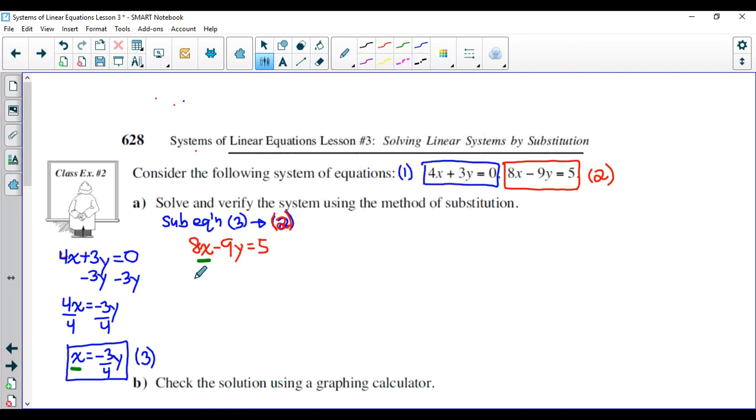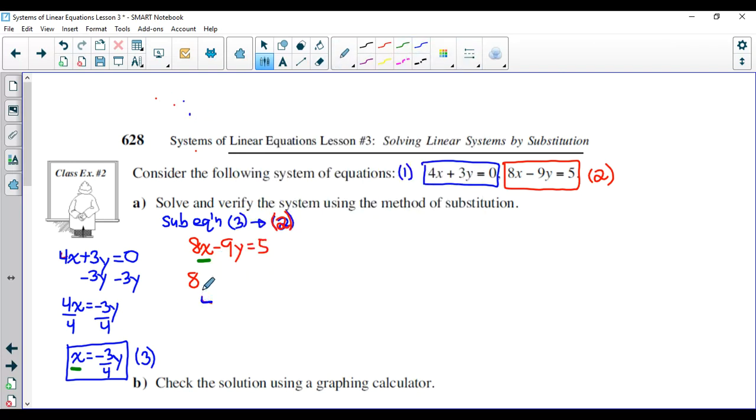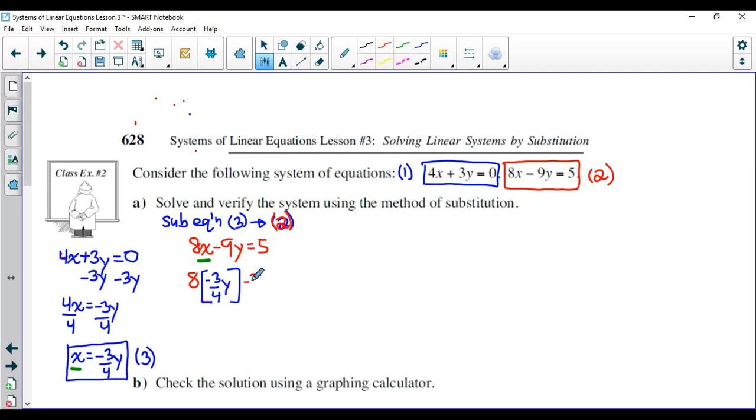So this would then be 8 multiplied by, let's write this in brackets here, negative 3 over 4 y, because we're replacing x with what x is equal to. Then we subtract 9y, and that would be equal to 5.